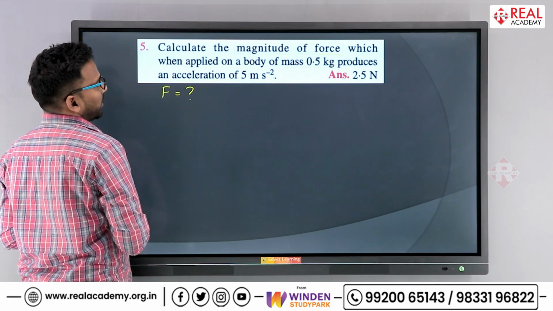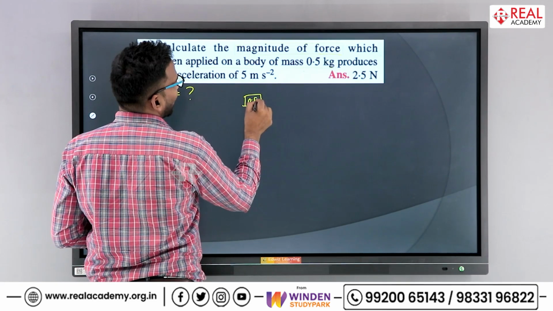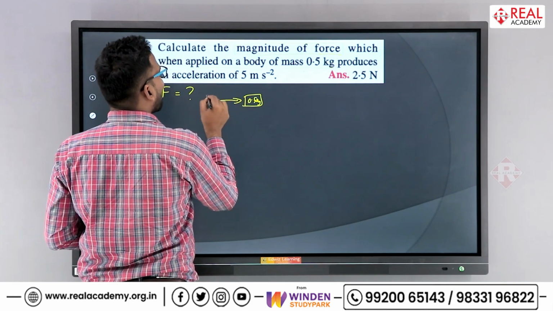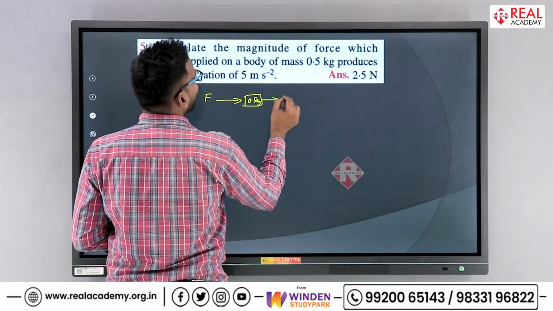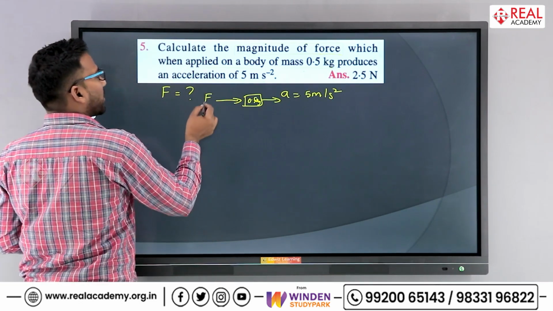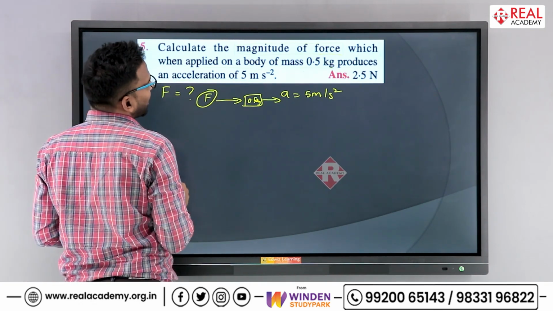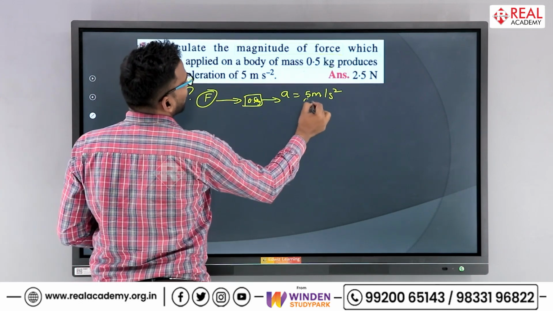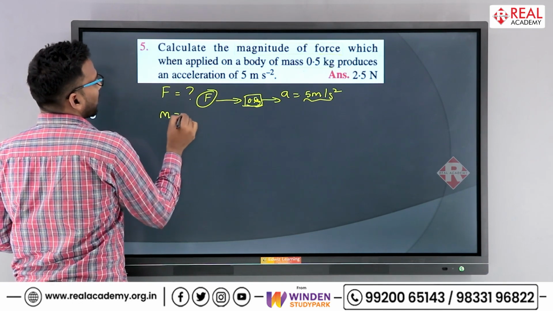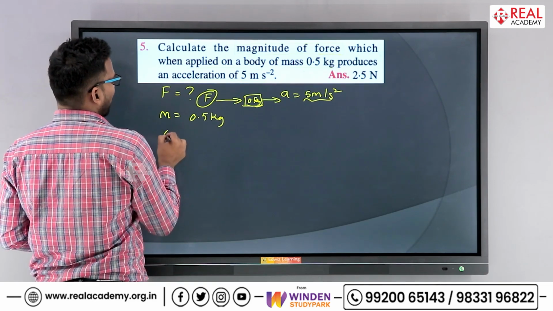That means when a force is applied on a mass of 0.5 kg, it will produce an acceleration of 5 meter per second square. Then they are asking us to find how much force is necessary to produce this much acceleration for this much quantity of mass. Mass is 0.5 kg.